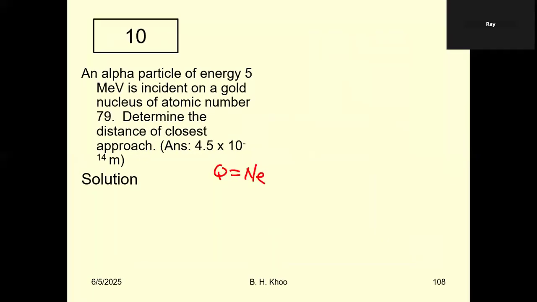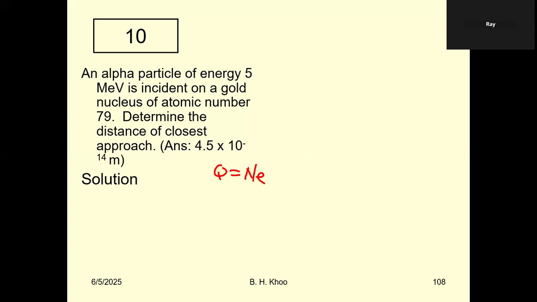An alpha particle of energy 5 mega electron volt is incident on a gold nucleus of atomic number 79. Determine the distance of closest approach. Both of them are positive charge. Gold nucleus is stationary, alpha is shooting, so the speed will start to decrease until the energy becomes zero.